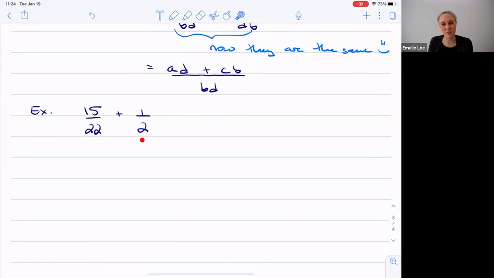I don't like to waste my time kind of seeing if I can find some fancy common denominator. So what I'm going to do is I'm just going to use a common denominator of 2 times 22, so 44. So I'm going to force this common denominator of 44.